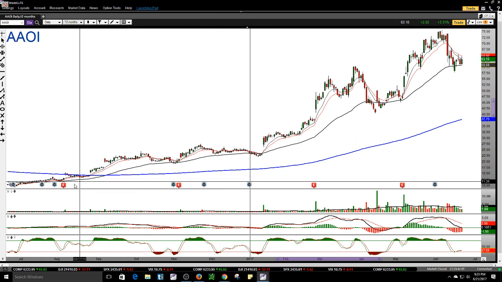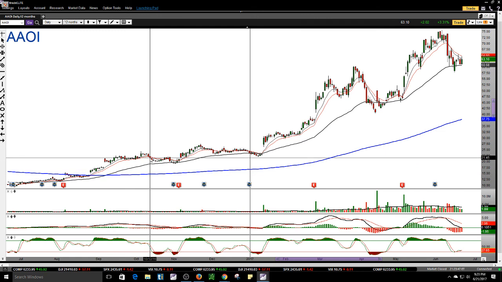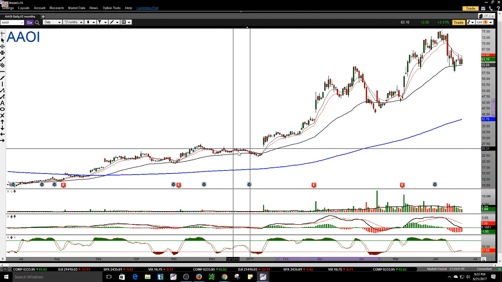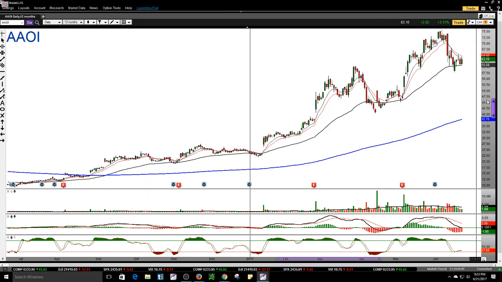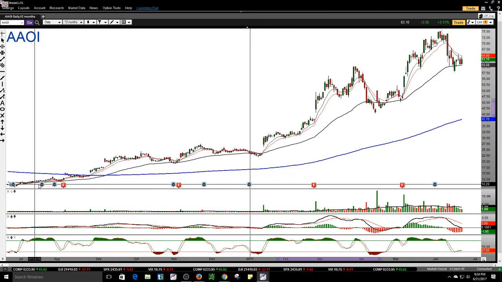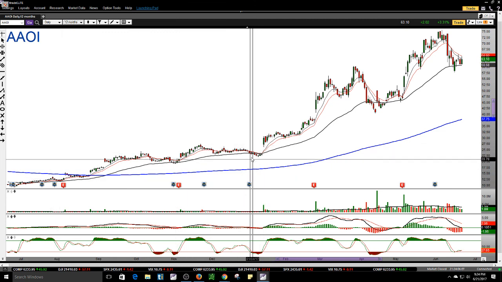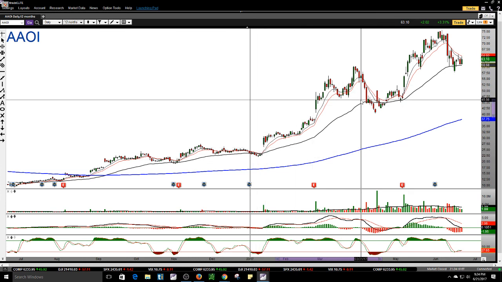If I was using an 813 crossover and I got in at the same spot, I'd be out here. So I'd be in at 15, out at 21. I could have been in and out of this trade a couple times with the 813, but never for the duration of the move. If I was using a 50 EMA, I'd be in over here, a bit less, because that's where it crossed the 50, and then I'd probably be out there. Sadly enough, I'd probably get back in and then come back out here.